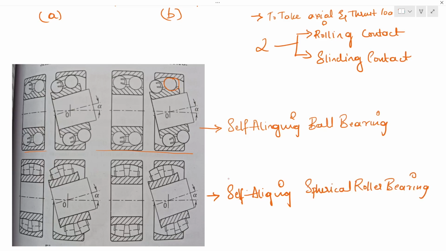Now in the image you can see that the center point of this curvature, this arc, coincides with the axis of the shaft and the stationary element, that is the bearing outer race.